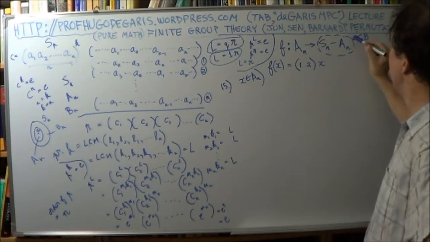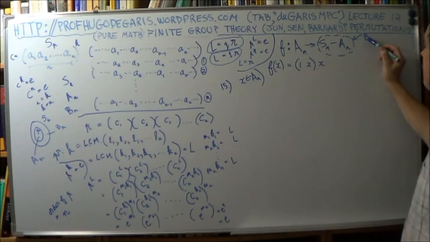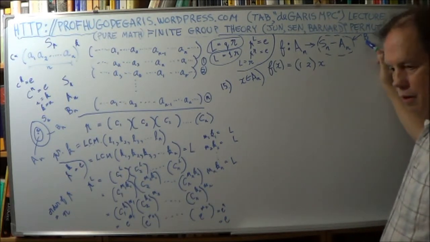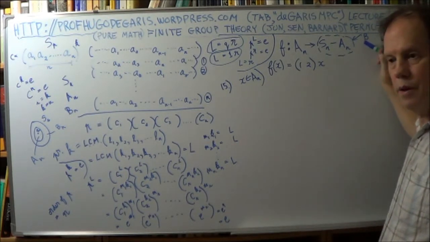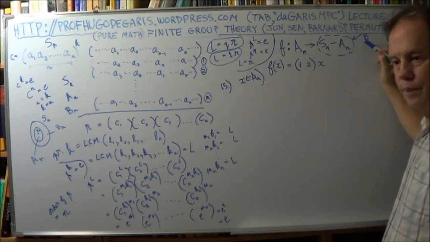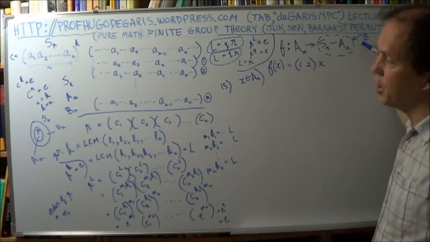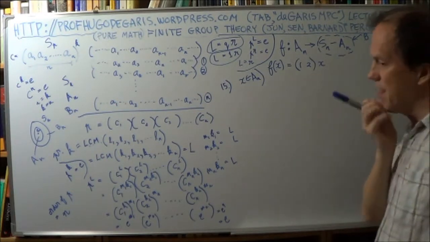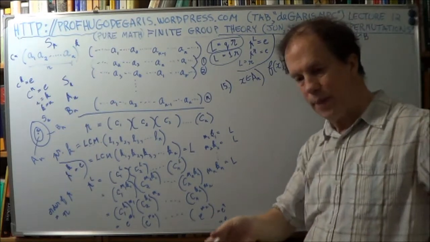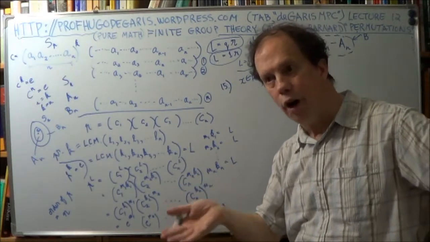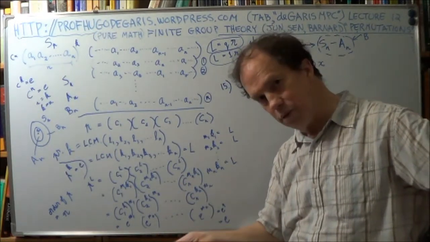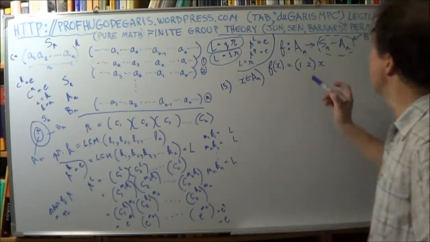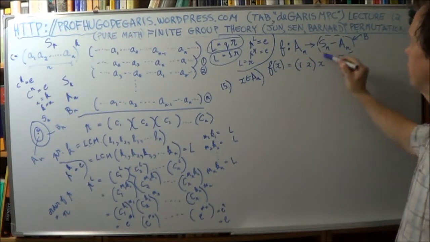now B, the right-hand side then, B is the set of odd permutations. And that means each member of B has an odd number of transpositions. Makes sense? Okay? So this is well formed.